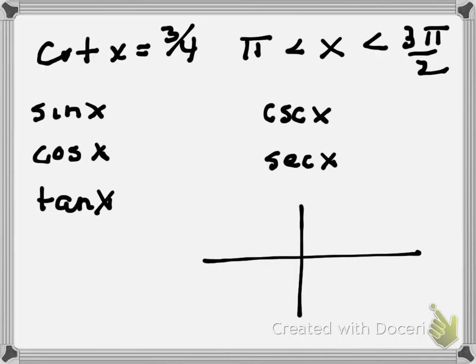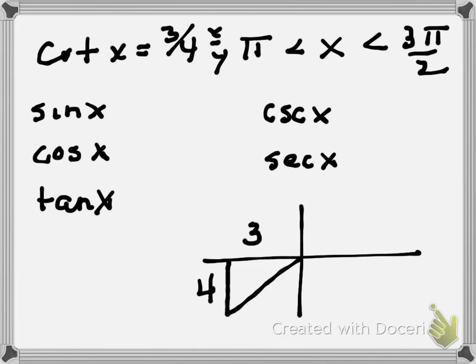Okay, in this problem, you're given the cotangent is 3/4, which means you could be in the first or the third quadrant. However, it tells you that x is between pi and 3 pi over 2, which places it in the third quadrant. Now, cotangent is equal to x over y, so the x value is 3 and the y value is 4.